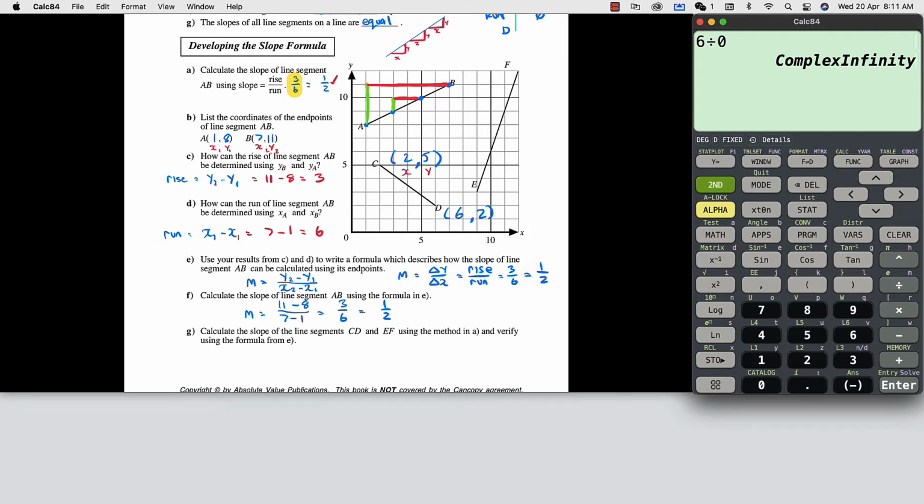Again, I'm going to label these as (x1, y1) and (x2, y2), and the formula is going to be slope equals y2, which is 2, minus y1, which is 5, over x2, which is 6, minus x1, which is 2, and that is going to equal a negative 3 over 4. And notice that I can't reduce that anymore, so our slope is a negative 3 over 4.